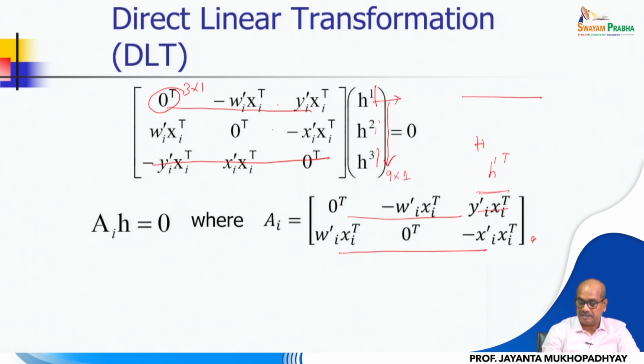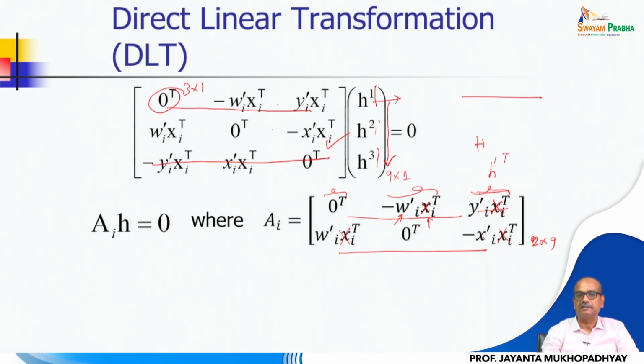So this itself is 2 cross 9, because this is 3 cross 1, this is 3 cross 1, this is 3 cross 1. You can remember wi prime is a scalar and xi transpose is the transpose of the column vector xi.